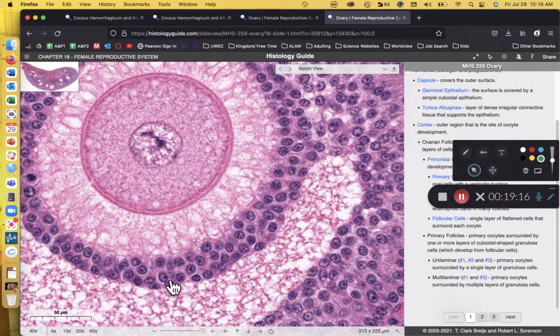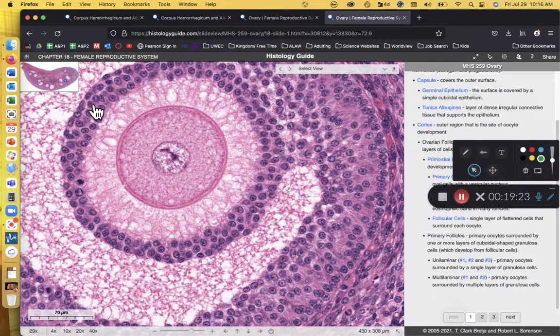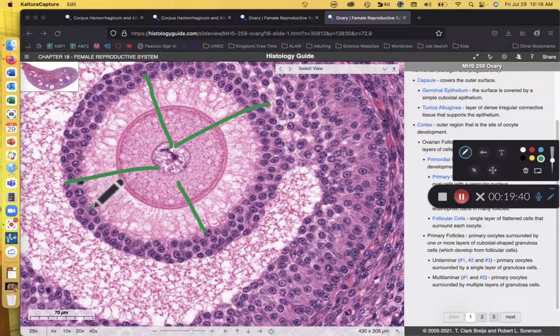And then superficial to the zona pellucida, we have a stratified cuboidal epithelium that's just around the oocyte, and it's within the antrum. This stratified cuboidal epithelium is referred to as the corona radiata. These are cells that radiate outward from the oocyte, and they go around the outer perimeter, kind of like the corona of the sun goes around the surface of the sun.